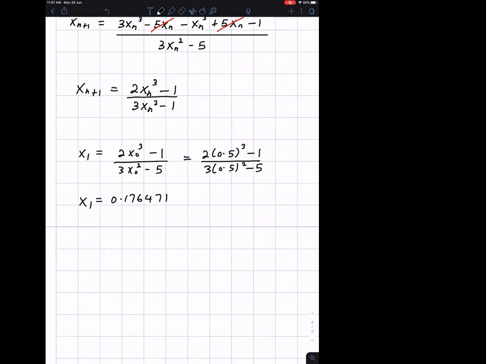So we're talking about small numbers here. X1 is represented in 6 decimal places. That's very important. Then you keep as many decimal places, at least 6 decimal places in this case, because it's a small number.